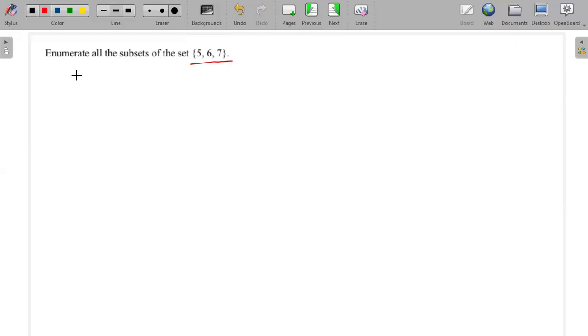So suppose I say that this set here is just set A. So I say suppose A is equal to this set here, which is 5, 6, 7, like that. So what's the cardinality? The cardinality of a set is just how many elements are in that set. So the cardinality of A, denoted like this, is going to be just equal to 3.